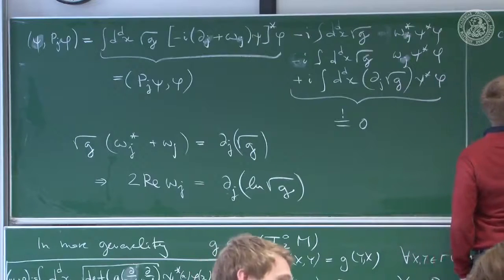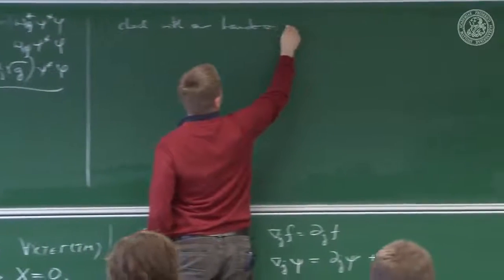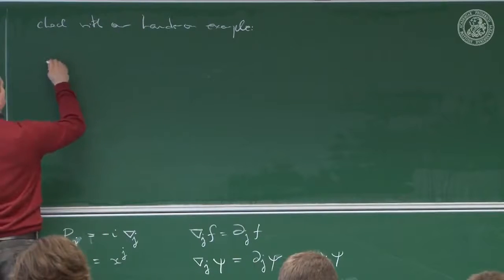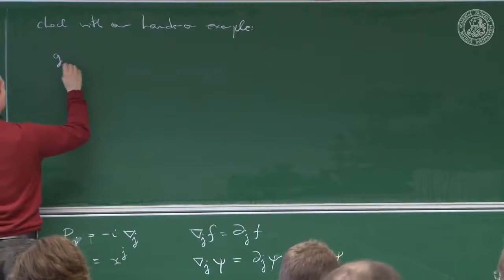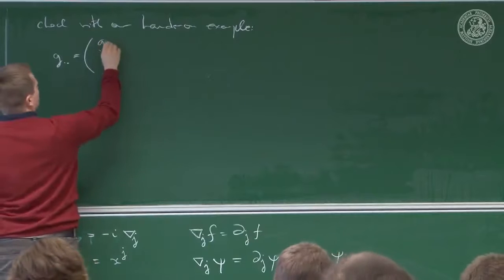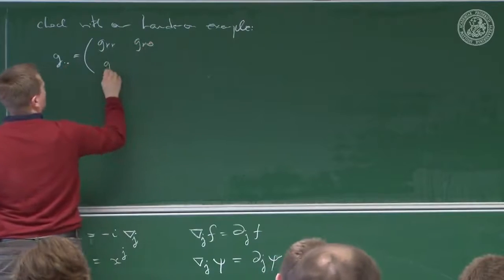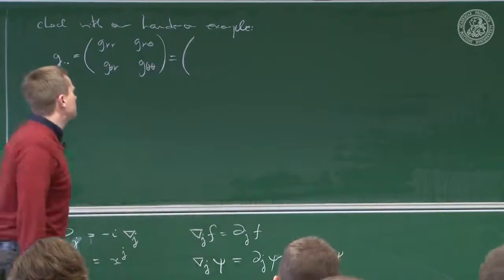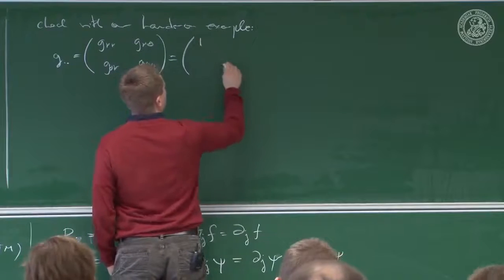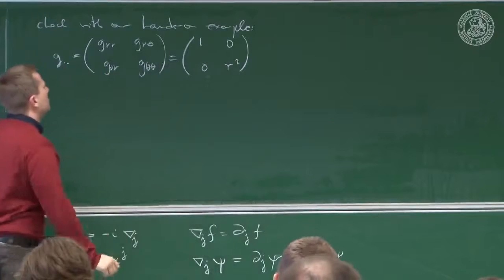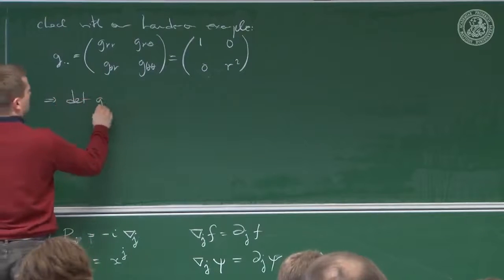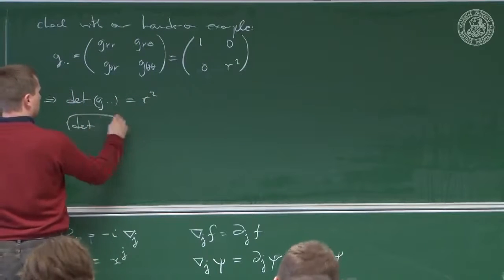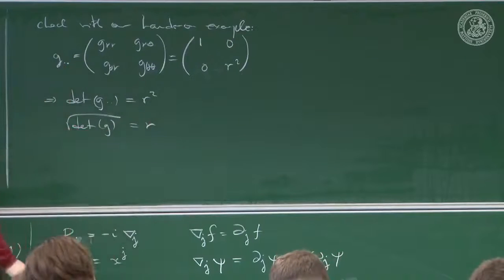So check with our hands-on example. So what did we have there? We had there in polar coordinates, that was G_rr, G_r theta, G_theta r, and G_theta theta components, which for flat space, if you just come from Cartesian coordinates, is just 1 and r squared. Therefore, the determinant of G in polar coordinates is r squared. That means the square root of the determinant is r, because everything is positive.